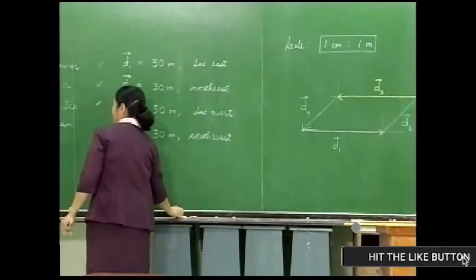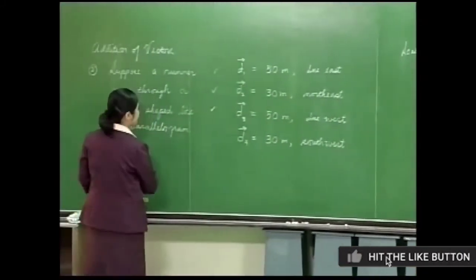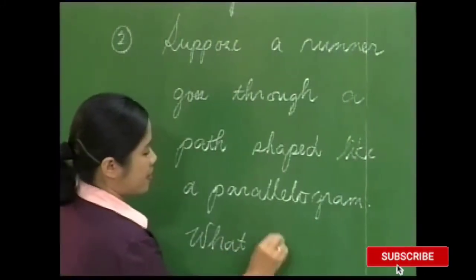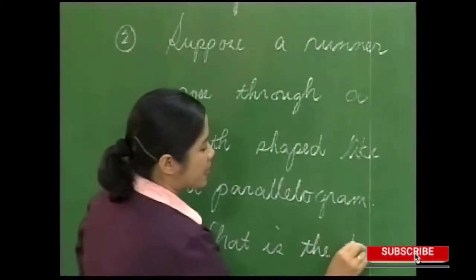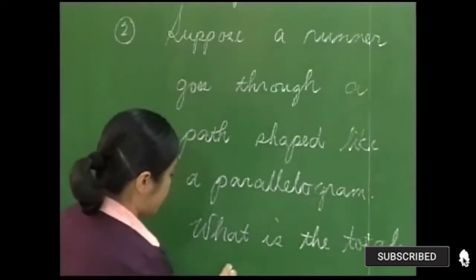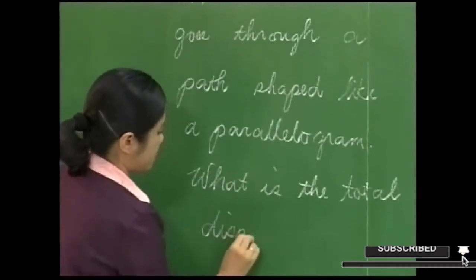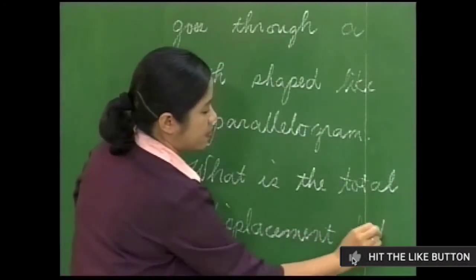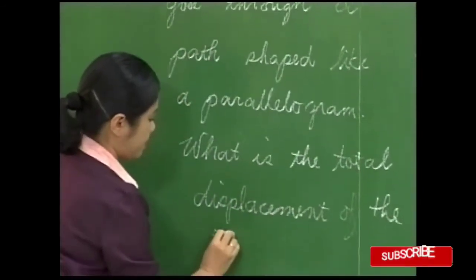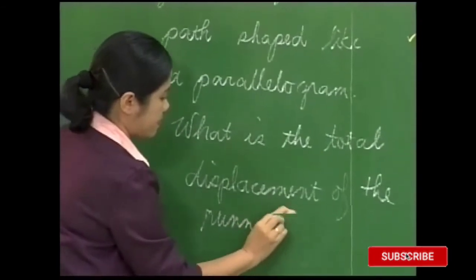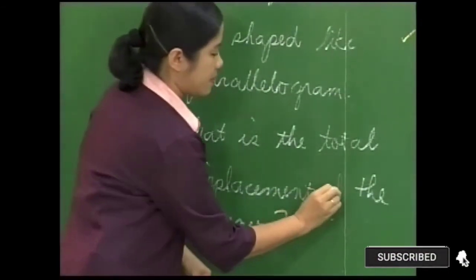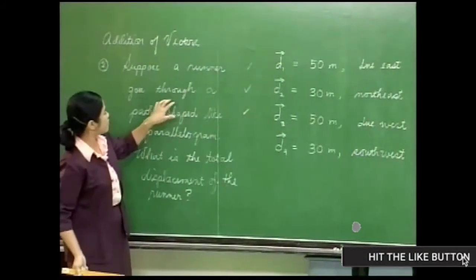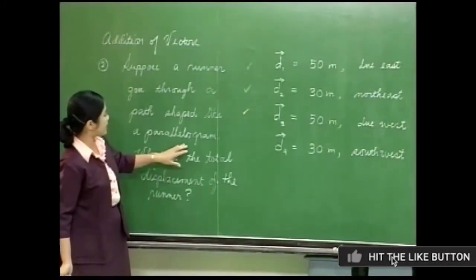And so, the question is, what is the total displacement of the runner? Suppose a runner goes through a path shaped like a parallelogram.